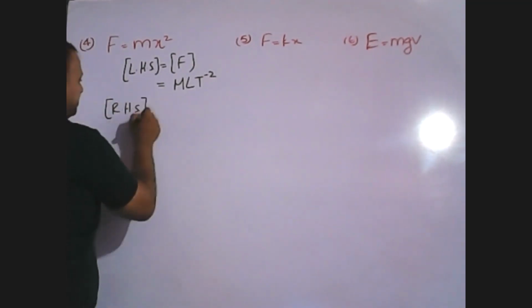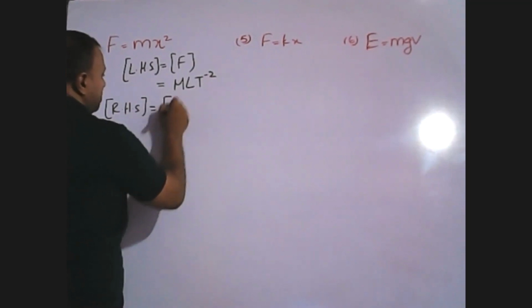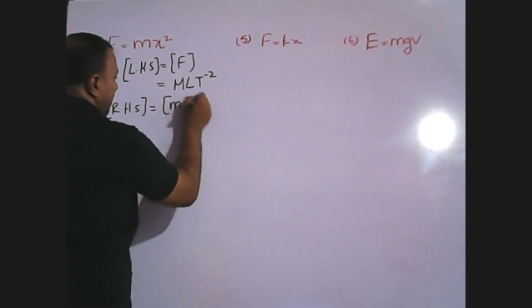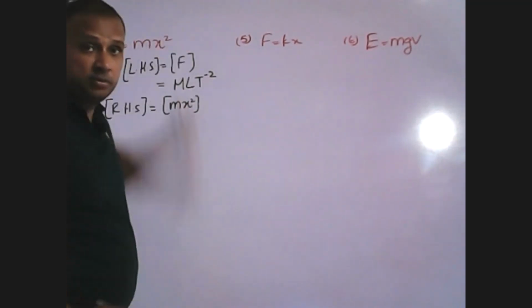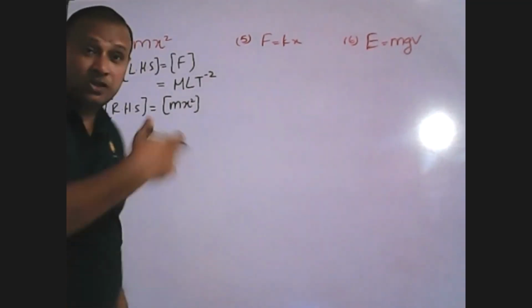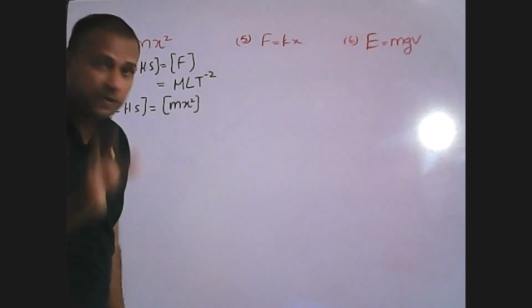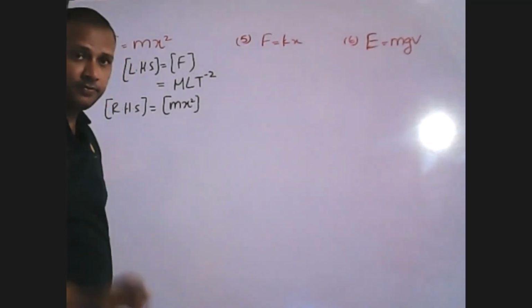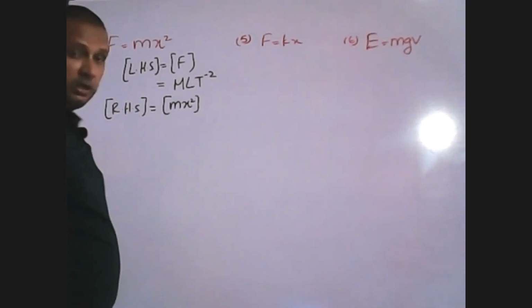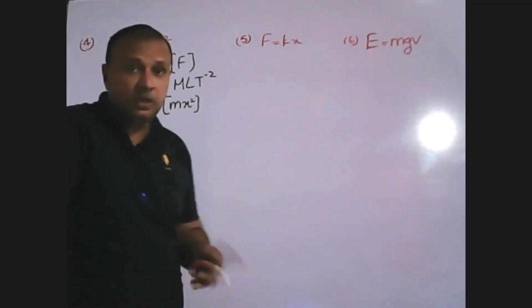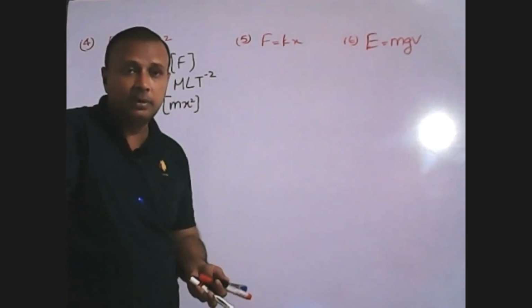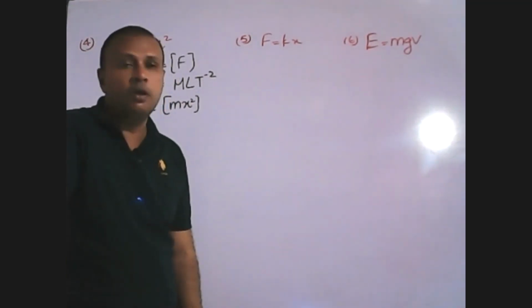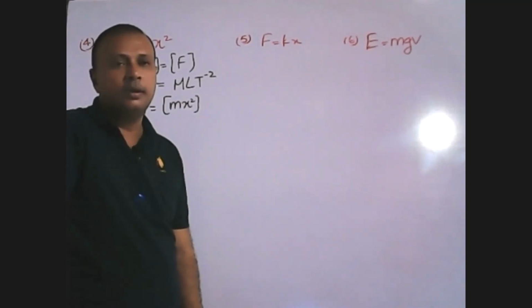Then dimension of RHS equals dimension of mx square. This is a single term, because there's no addition or subtraction. If there are multiple terms, there should be additions or subtractions.